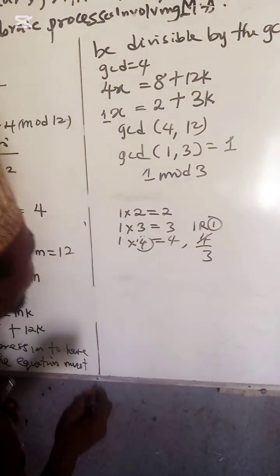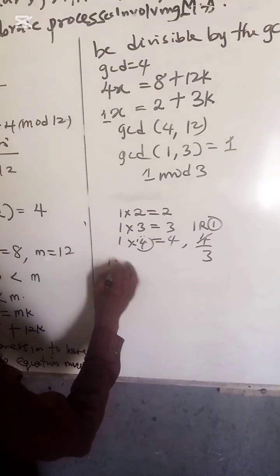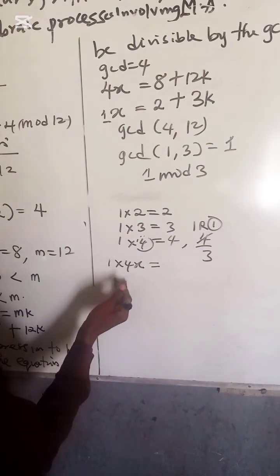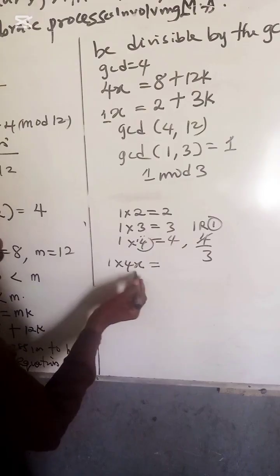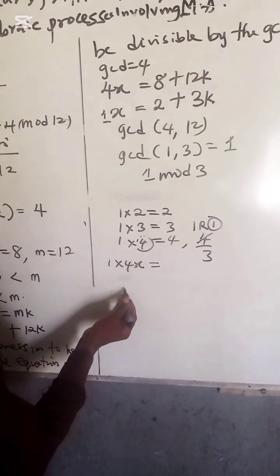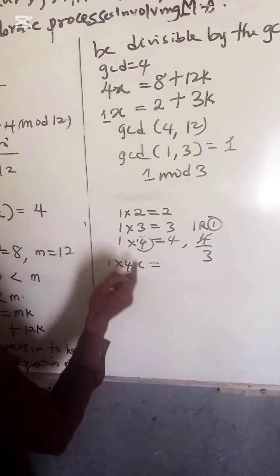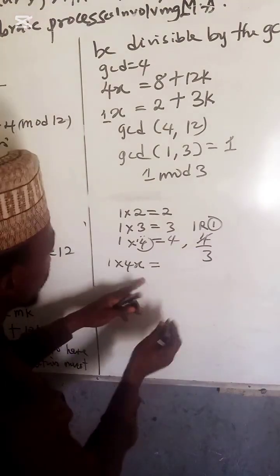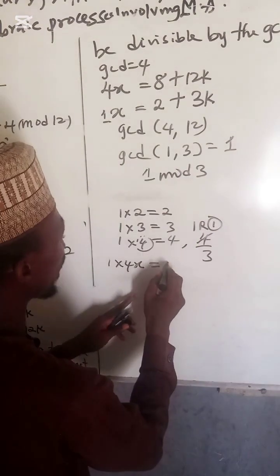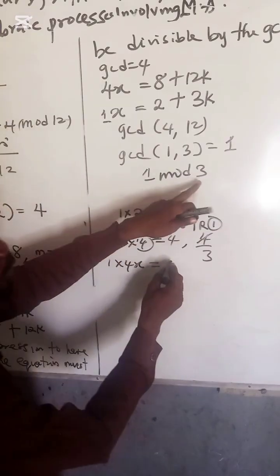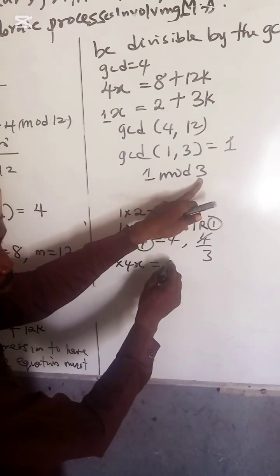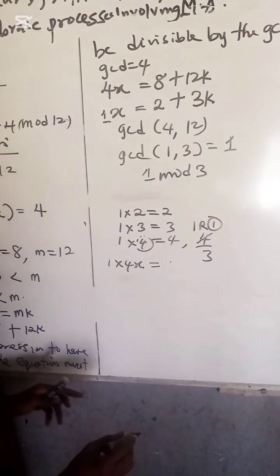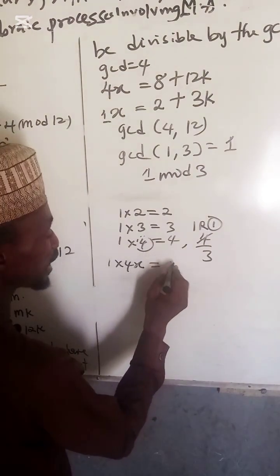So automatically, we can say 1 times 4x is equal. Remember, the inverse always cancels out any coefficient attached to the x. So this 4 takes away this 1. We have 4 times 2, we have 8. Remember, you are dealing with modular 3. So 3 in 8 gives you 2 remainder 2.